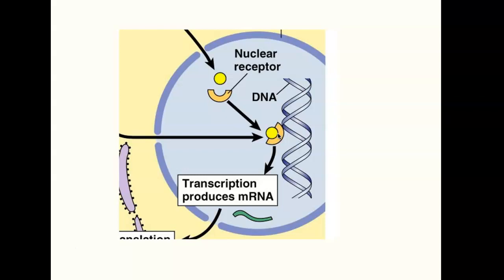It still has to be manufactured. So what happens there is that the DNA will have to be read in the nucleus. Messenger RNA is going to copy a piece of that DNA and then export it out to the cytoplasm. Do you see how this is already taking longer than it would have with a peptide?